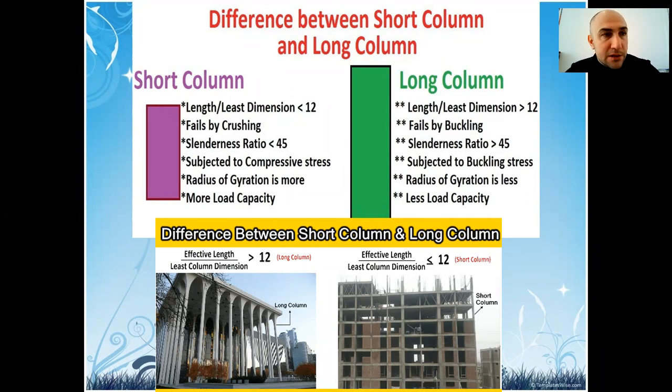For example, there should be height at the level of the floor inside the building, and we need to create more open space. In that case, of course, applying long columns is one of the best solutions.